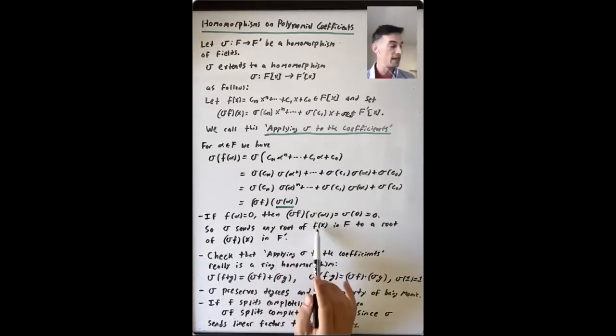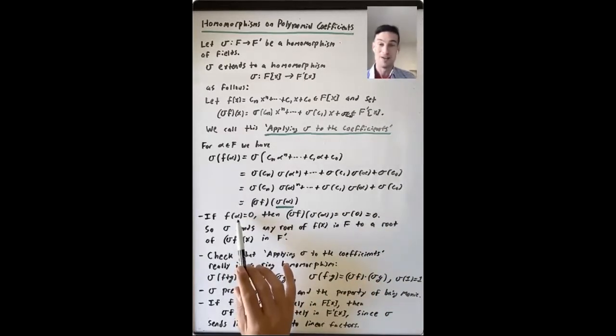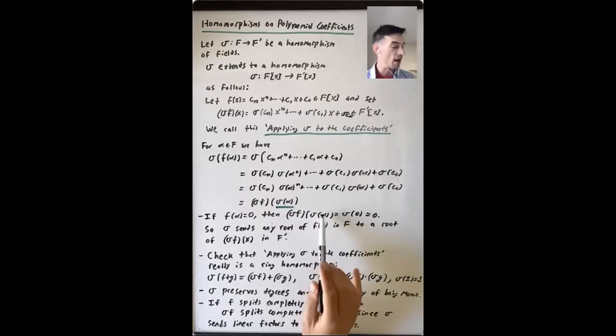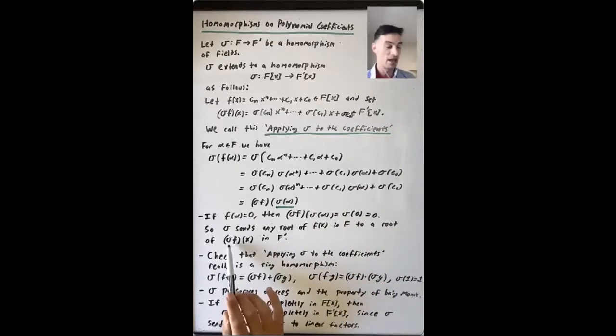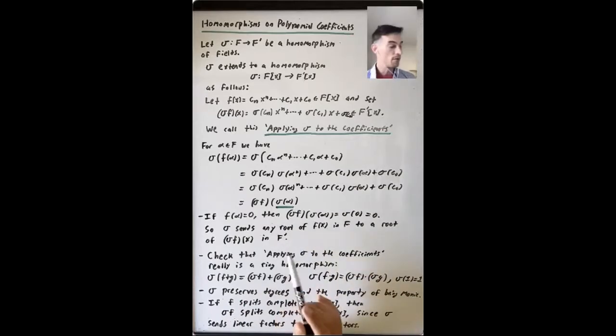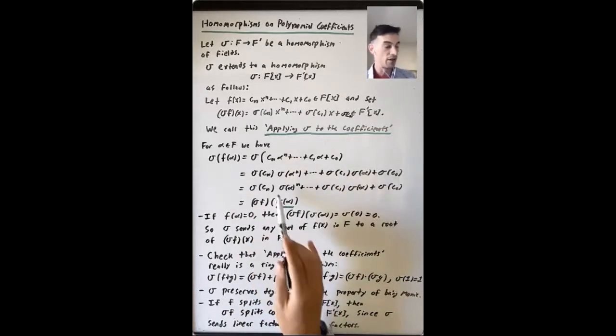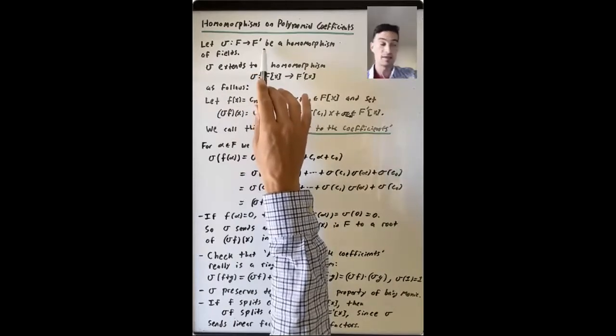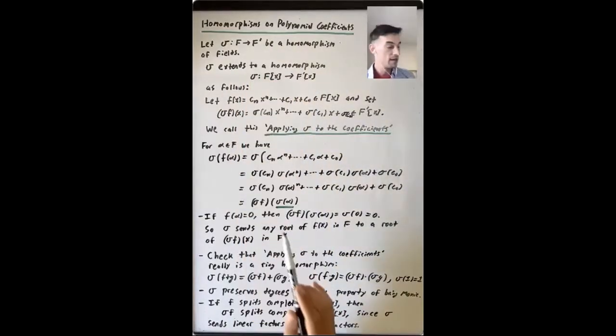So sigma sends any root of f of x in F, some element alpha that is a root of f of x, to a root sigma of alpha of this polynomial sigma of f of x in F prime. So by doing this calculation, we're seeing that the original homomorphism of fields, F to F prime, sends roots of f to roots of sigma of f.